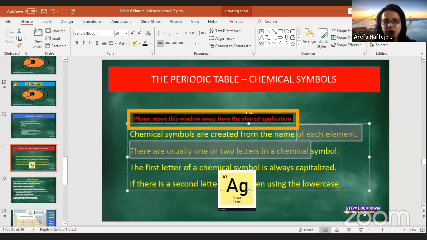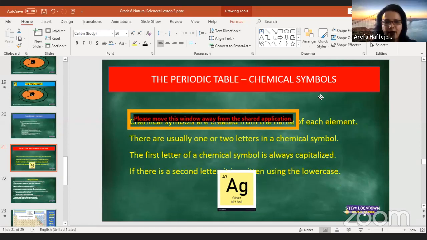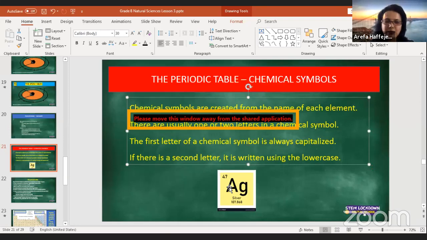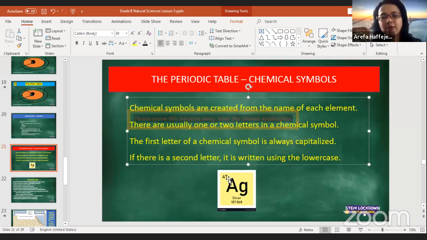If I show it to you here, the first letter is a capital letter, the second letter is in lowercase. Now this symbol Ag is for silver, and it has 47 protons and 47 electrons that move around in its atom. The atomic number is 47.